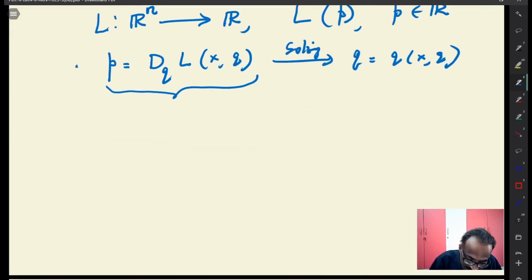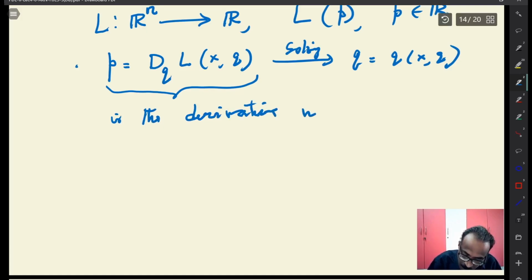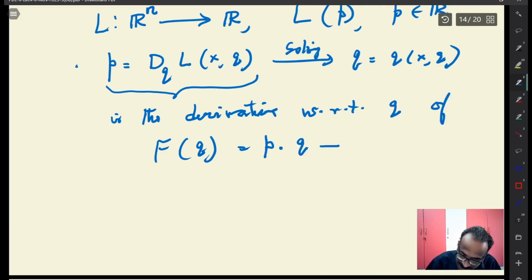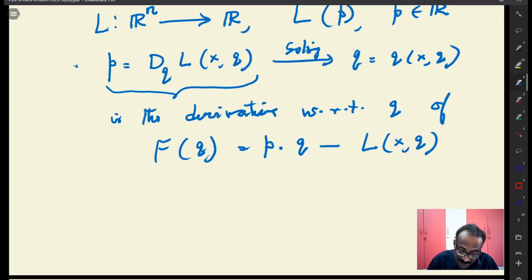This equation is the derivative with respect to Q of some f of Q is equal to P dot Q minus L of X, Q. That's the observation. So that implies Q is a critical point of this one.